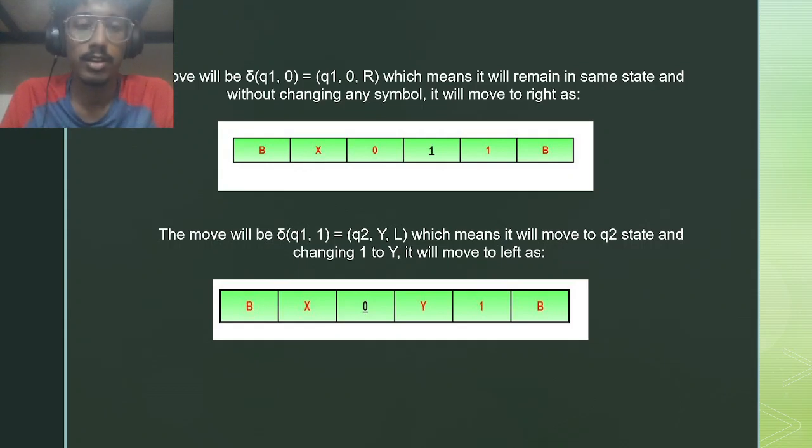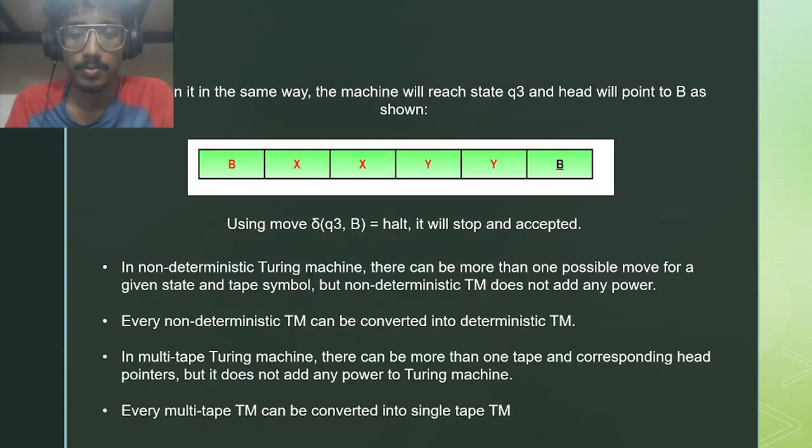Moving along further the string, the move will be delta q1 comma 1 equal to q2 comma y comma l, which means that it will move to q2 state and changing 1 to y. The head tape will move towards the left. Working on it in the same way, the machine would reach state q3 and head will point to B as shown below.